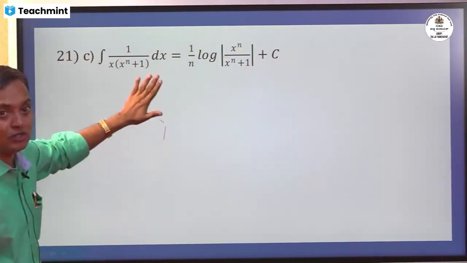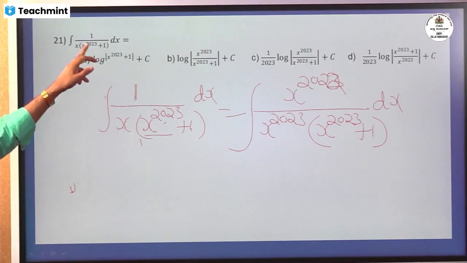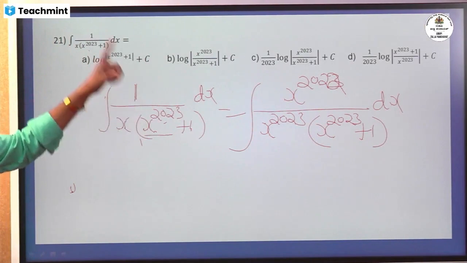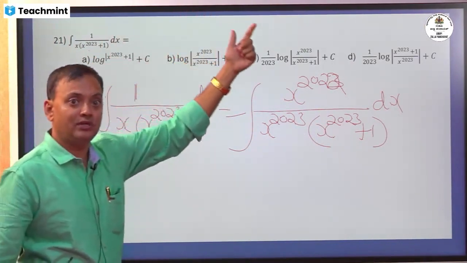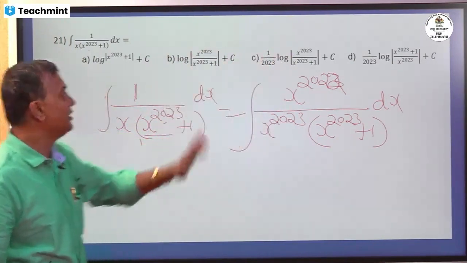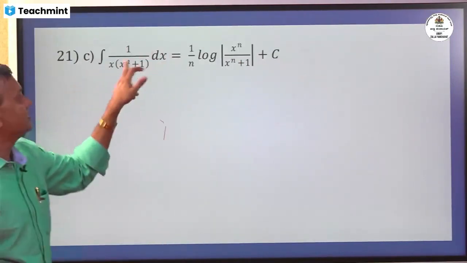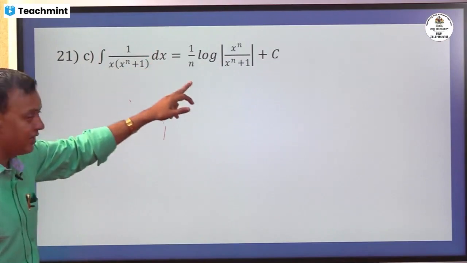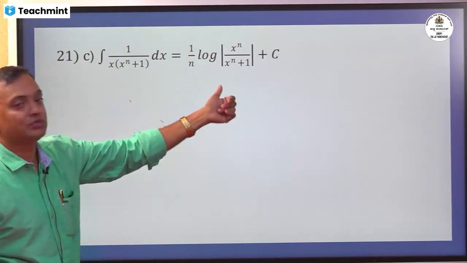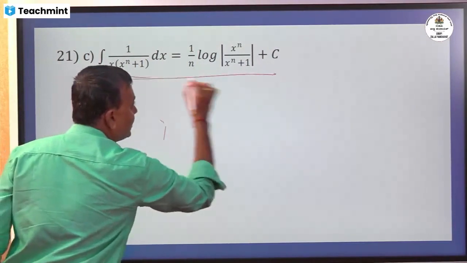So in this question n is 2023. Then what should the answer be? 1 by 2023 log of modulus of x power 2023 by x power 2023 plus 1 plus c. Answer C. This is a standard problem, its result should be known.